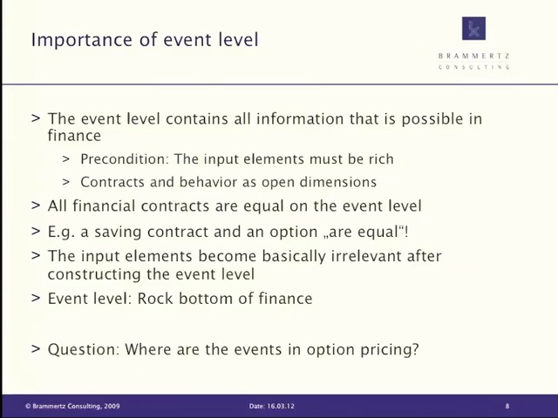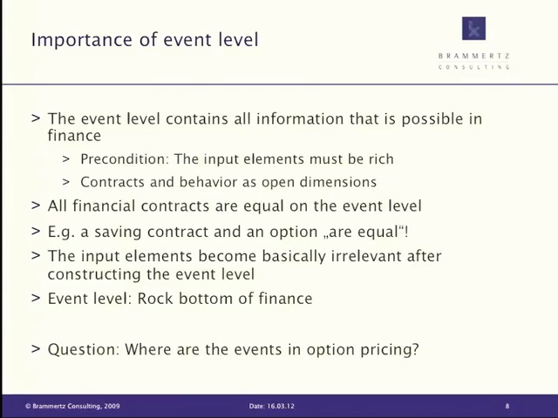If the underlying of an exotic option is an interest payment, that interest payment has the same interpretation as an interest payment of a saving account. Of course, there's a lot of non-overlapping stuff, so in this sense, it's not exactly the same. So that is rock bottom of finance.